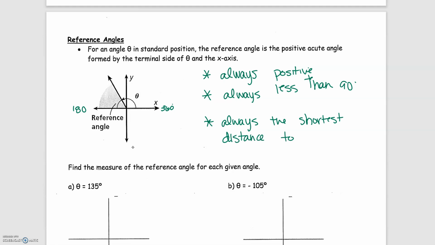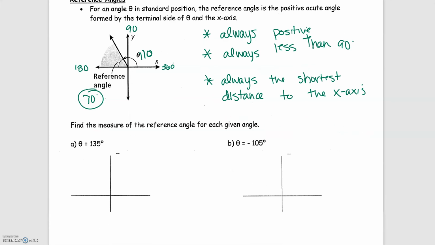When we say distance, it's just the degrees away, not actual length. So this is 110, and so we are 70 degrees away from 180. That would be our reference angle.